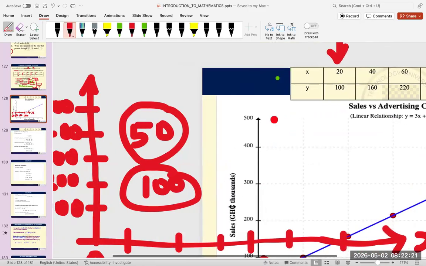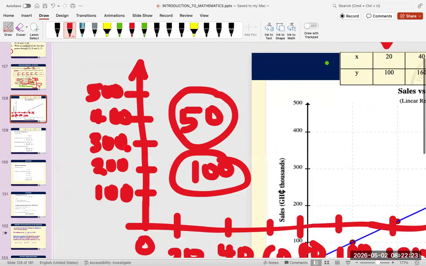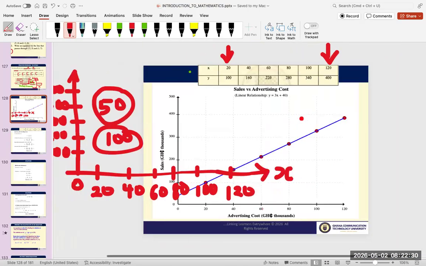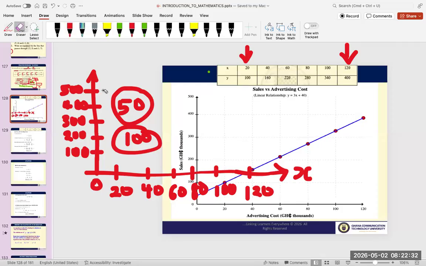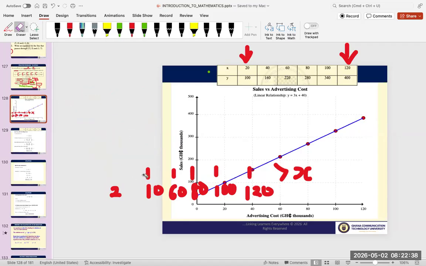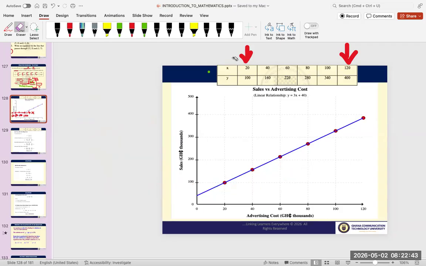So it means that we cannot use 50 here. We have to use the next 100. This is how to get your scale going before you start the plotting. So now that we have our scale, let's start the plotting and see what we can have at the end of the day.